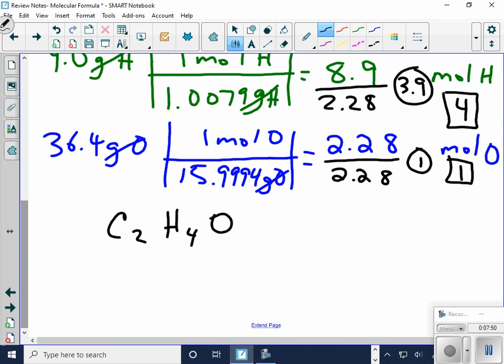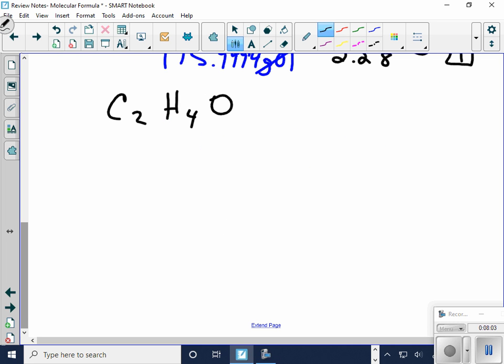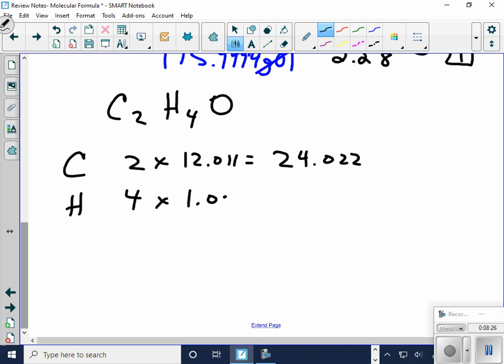Now, I'm not done yet because I need to see if that's my empirical formula, my molecular formula, or both. So how I'm going to do that is I am going to get the mass of this empirical formula. So carbon has 2. Each carbon is 12.011. So that is going to give me 24.022. Hydrogen, I have 4 of them. Each one is 1.0079.